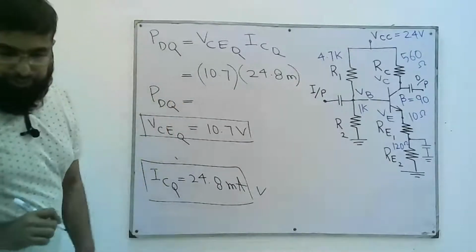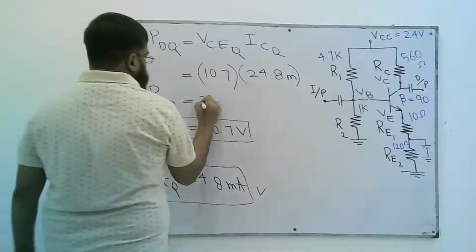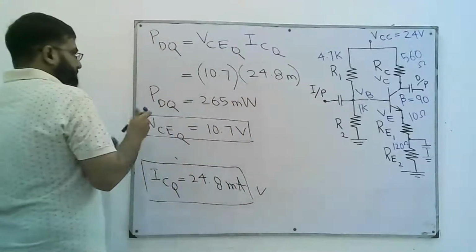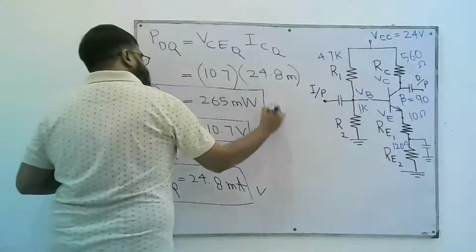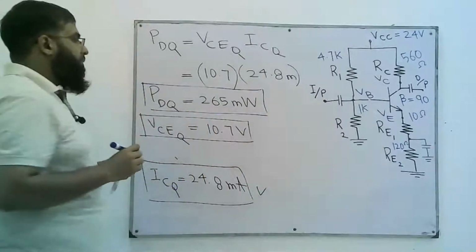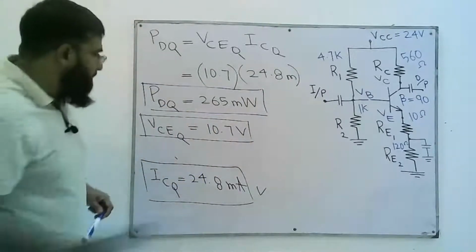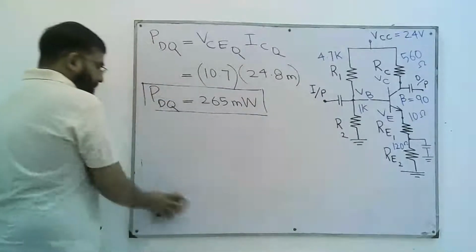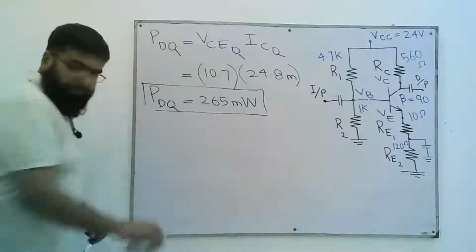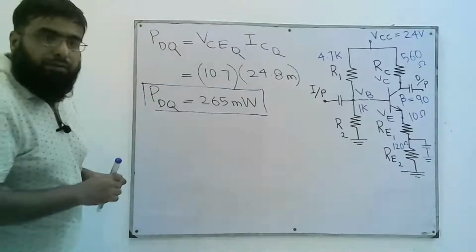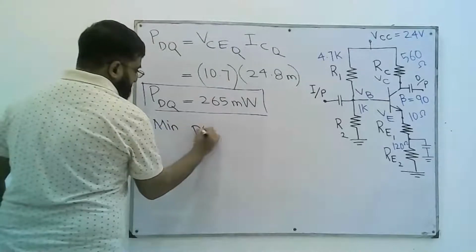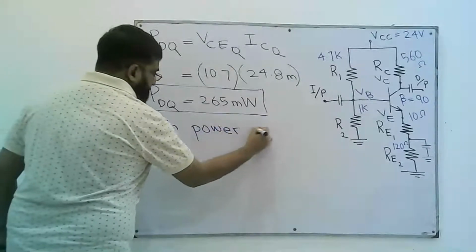PDQ comes out to be 265 milliwatt. So this is the minimum value, the minimum power rating of the transistor that we should use.